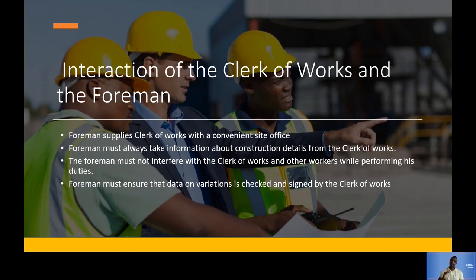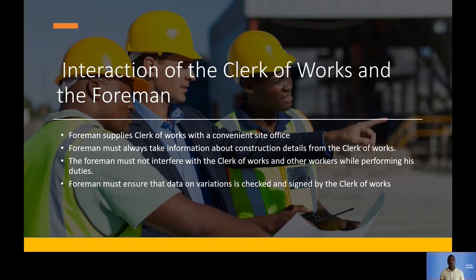The foreman tells information to the general workers. Okay, so it's like that. So the foreman must not interfere with the clerk of works and other workers while performing his duties. So that's just to say the foreman mustn't disturb the clerk of works when the clerk of works is working.